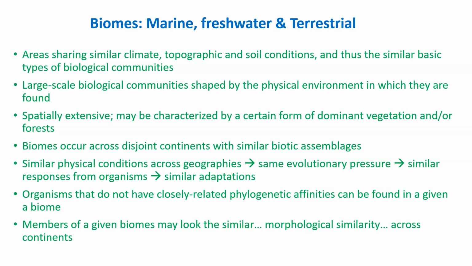So members of a given biome could have similar morphological characteristics. That doesn't mean they're closely related. They just look similar because evolution has shaped them to look similar, because the adaptations the environment demands are more or less the same. So natural selection favors those similar body morphologies, similar body shapes, similar body sizes.